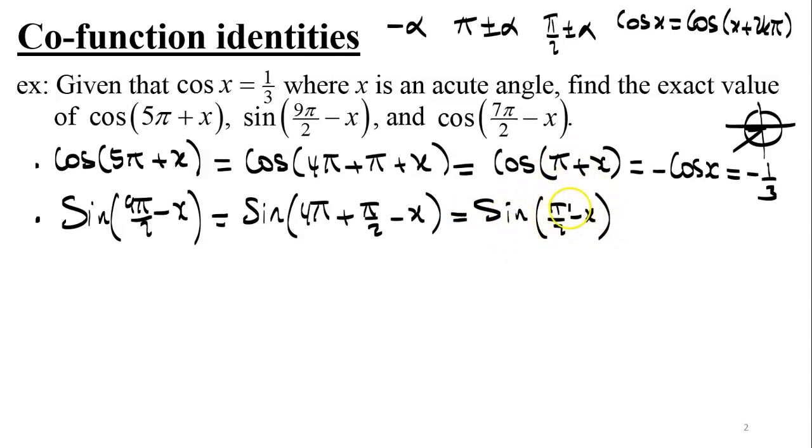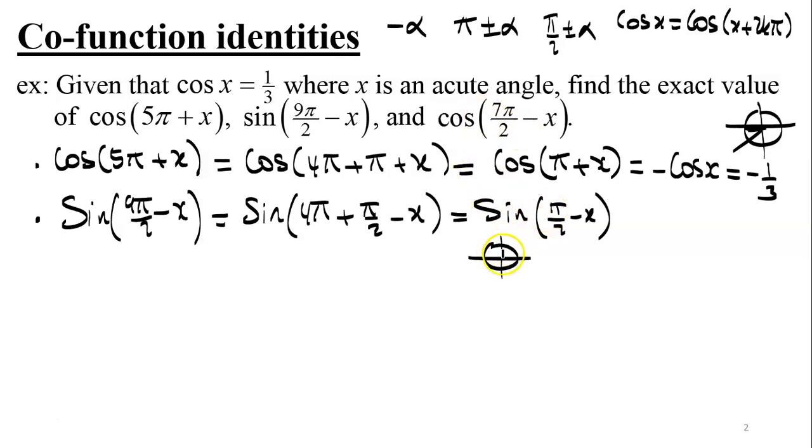So over here, by looking at this identity, this is in fact a co-function identity. It's pi over 2 minus x. So again, I locate that angle in its proper quadrant in order to determine the correct sign in the transformation.